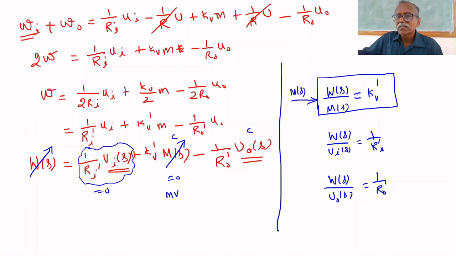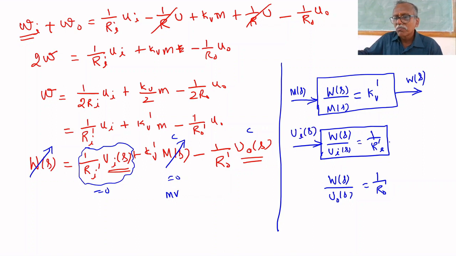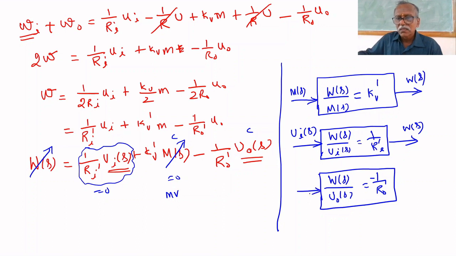Input is M of S, output is W of S. If you consider this as a disturbance model, Ui is the input, output is W of S. If we vary the downstream pressure, that is U naught of S, you will get W of S. So these two are disturbance models.